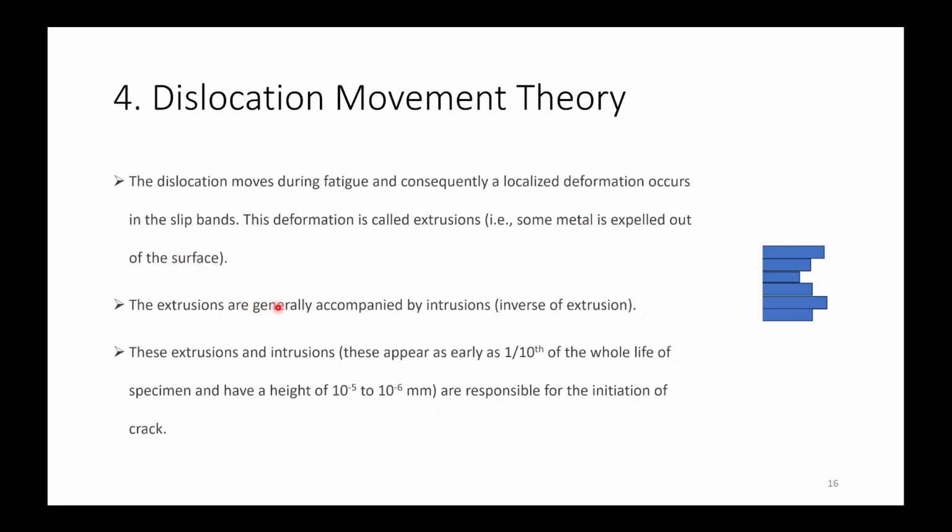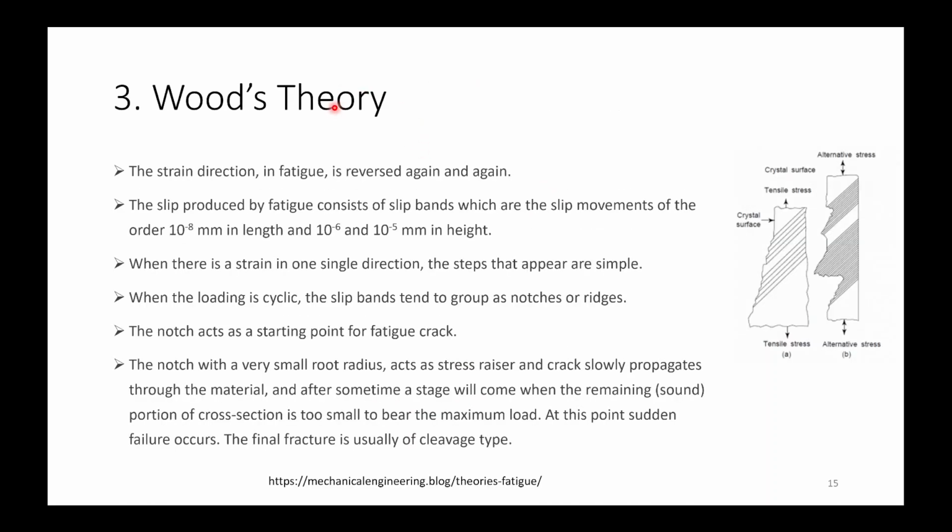The extrusions are generally accompanied by intrusions, the inverse of extrusions, and these extrusions and intrusions appear as early as 1/10 of the whole life of the specimen and have a height of 10 to the power minus 5 to 10 to the power minus 6 mm. These are responsible for the initiation of crack. So this dislocation movement theory is similar to Wood's theory, but it explains what happens initially to lead to the formation of these intrusions and extrusions.